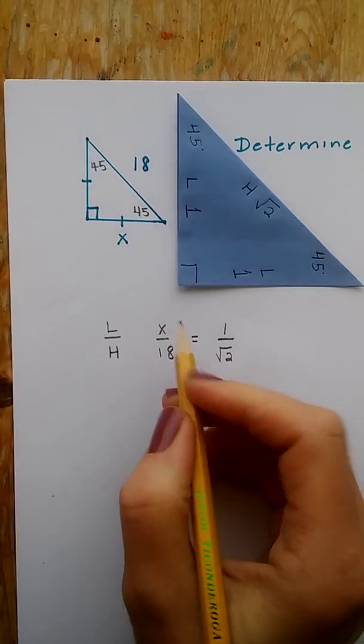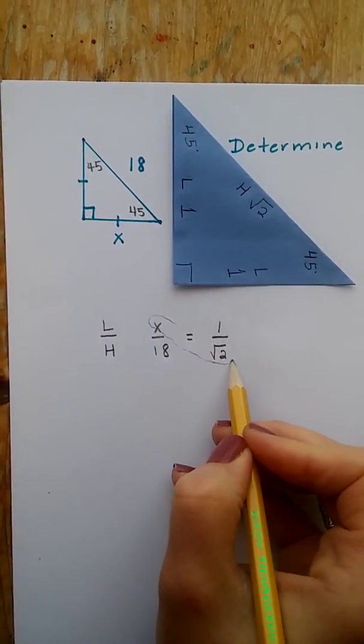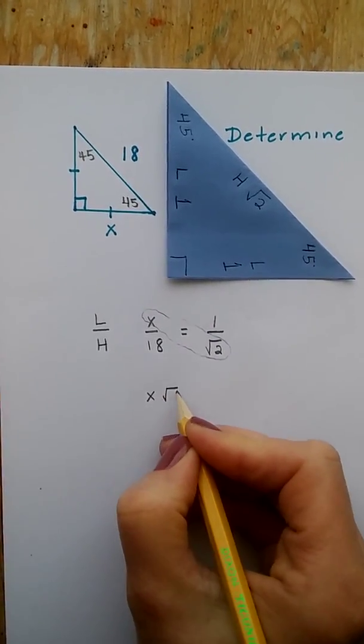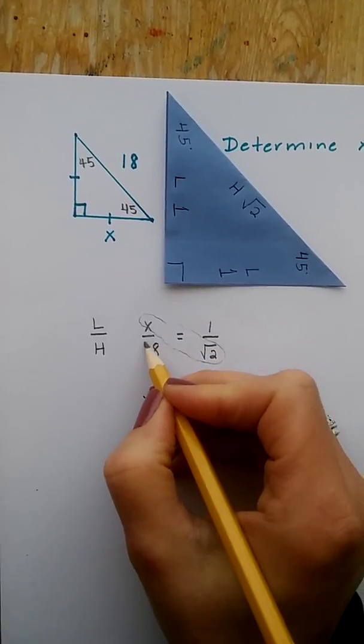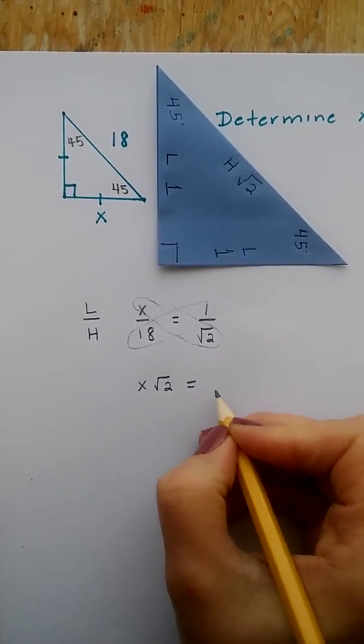Our next step is to cross multiply. I like to work with the loop for x first. So here I have x root 2 equal sign, and then our other cross products. 1 times 18 is 18.